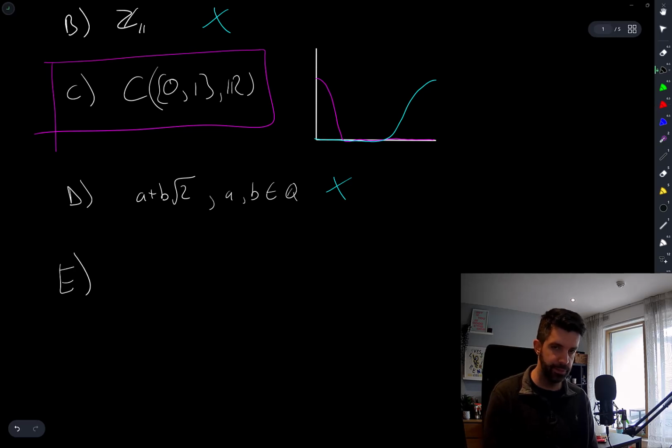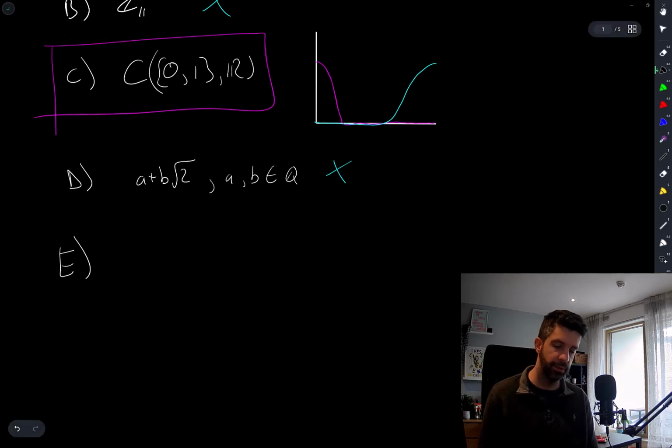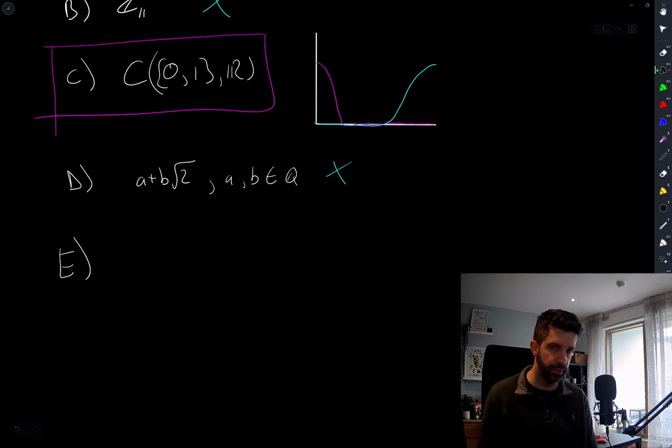And finally, option E, the ring of polynomials in X with real coefficients. Another pretty easy one to see, right? If I have P of X and Q of X, neither of which are the 0 polynomial. In particular, they must both be of degree non-zero constant or higher.